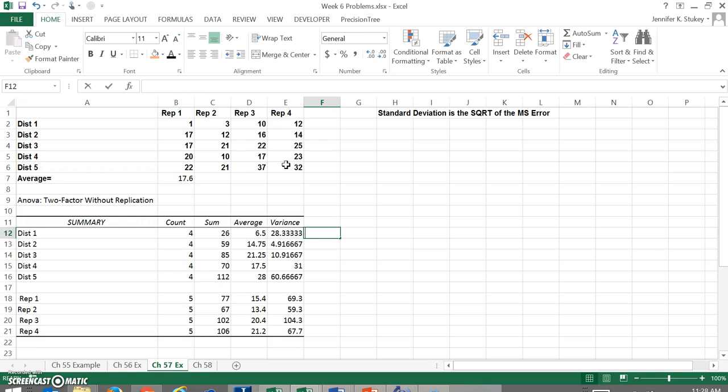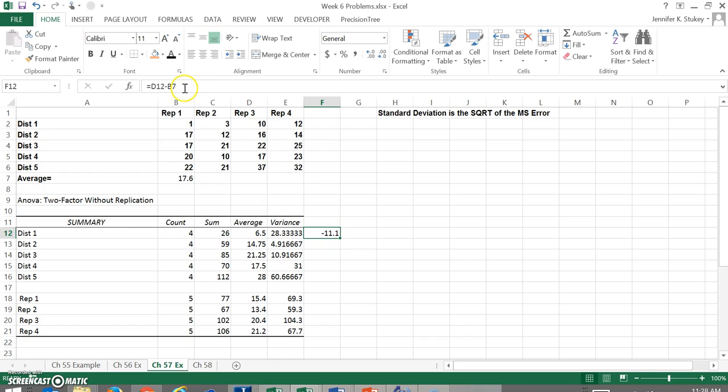Now we're going to take that 17.6 and subtract the average of each one from it. Oh, I'm sorry, we're doing it the other way. We are taking the average of the individual line and then subtracting the overall average. I did that backwards. So you should have negative 11.1.